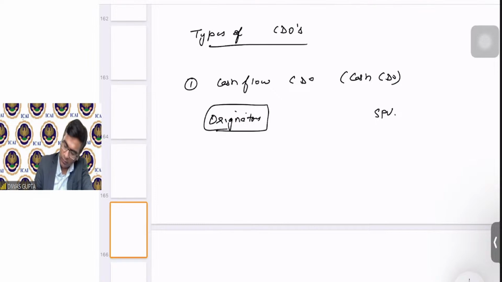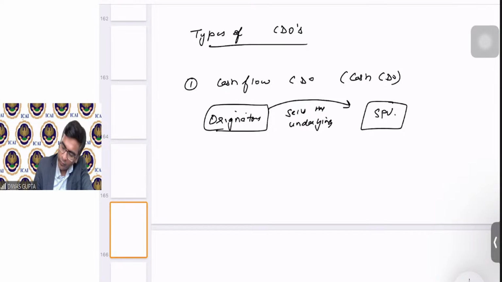Correct. If the originator sells the underlying to the SPV, which is the mortgage loans, the asset backed loans, and everything is transferred to the SPV along with all the economic rights and all the economic properties of those loans, it is called cash CDO, okay, students? Because the cash flow has happened.